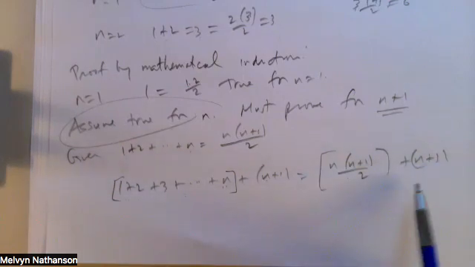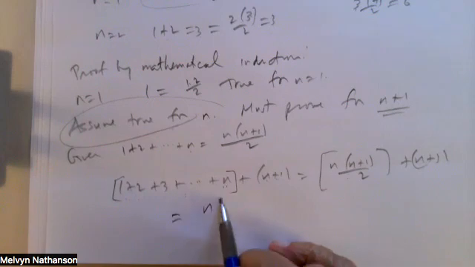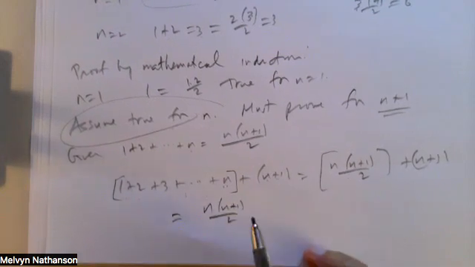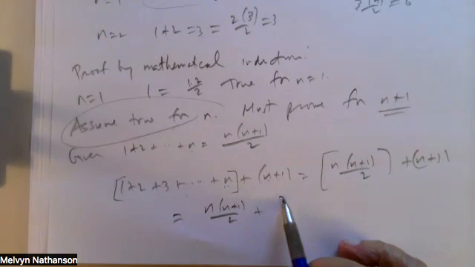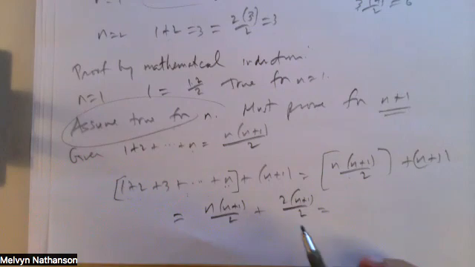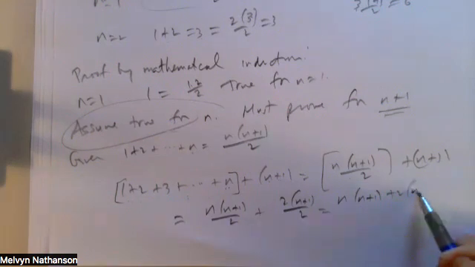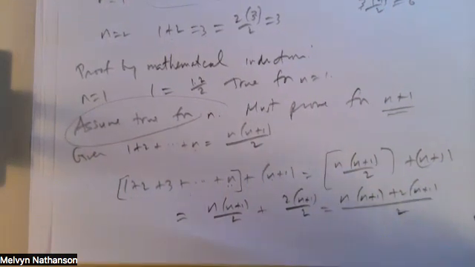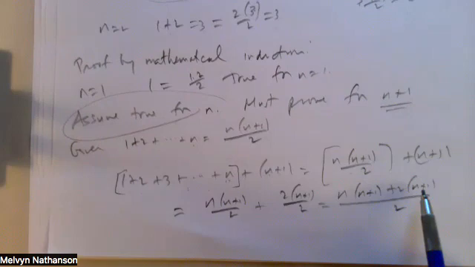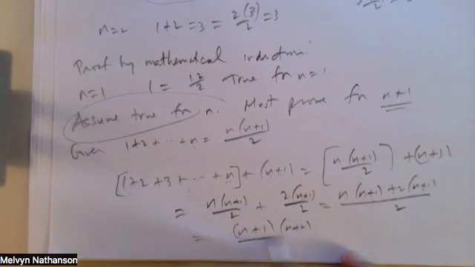And then I want to simplify this expression. I want to put it over a common denominator. These are just adding fractions, so you have to know this sort of high school algebra. I can write n plus 1 as 2 times n plus 1 over 2. So now I can add these fractions because they have the same denominator. This is n times n plus 1 plus 2 times n plus 1, over 2. If I factor out the n plus 1, this is n plus 1 times n plus 2 over 2.